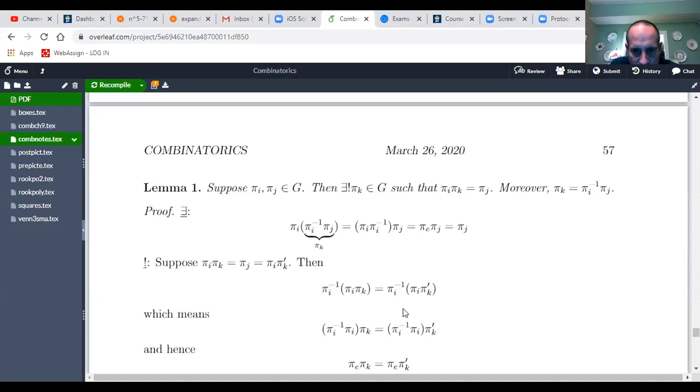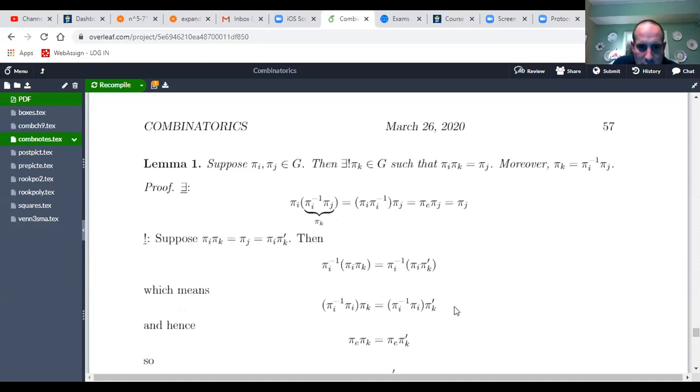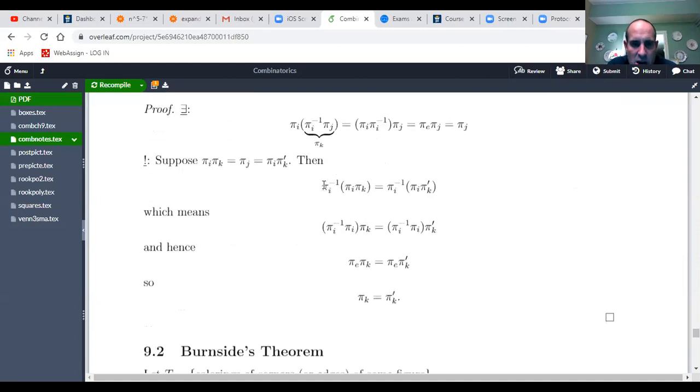Okay, so those are equal. So what am I going to do? Well, let's just operate on the left by π_i inverse. And if I operate on the left by π_i inverse, I can reassociate. And of course, these guys are just the identity. But what's the identity operated with π_k and the identity operated with π_k prime? Well, that's just π_k and π_k prime, so they're the same.